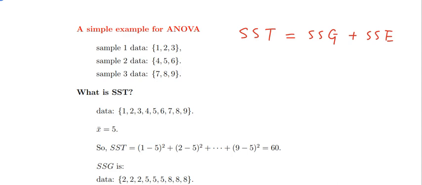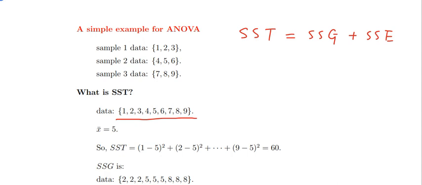SST means we put the data together. Here we have three groups. Sample 1 data is 1, 2, 3. Sample 2 is 4, 5, 6. Sample 3 is 7, 8, 9.